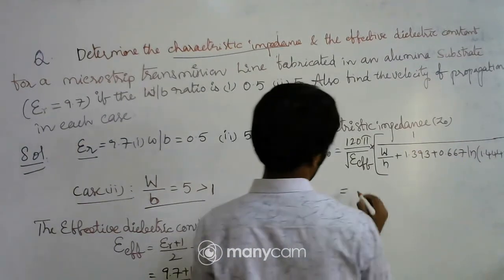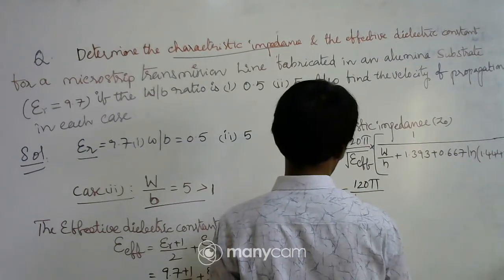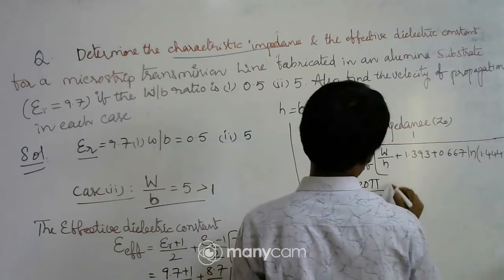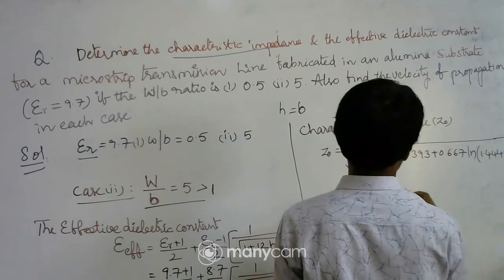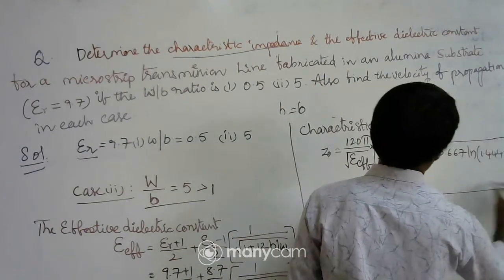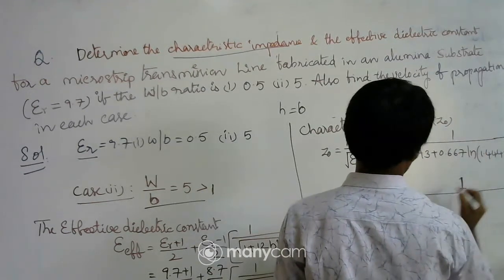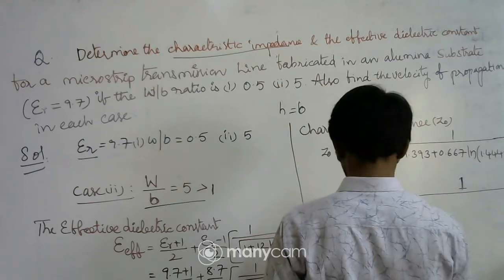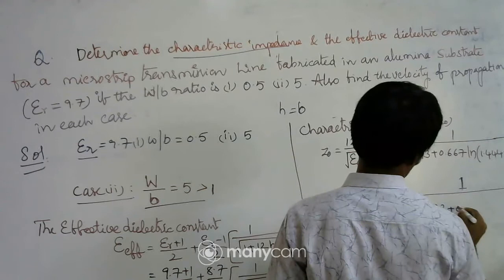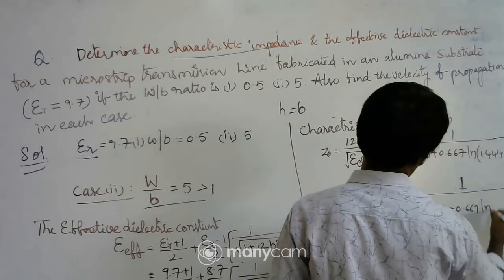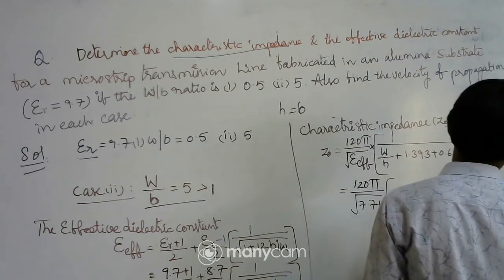Substitute the values. 120 into pi divided by square root of 7.71. Then W by H means 1 by B only, means 5. This is 5 plus 1.393 plus 0.667 ln of 1.444 plus W by B only is 5.